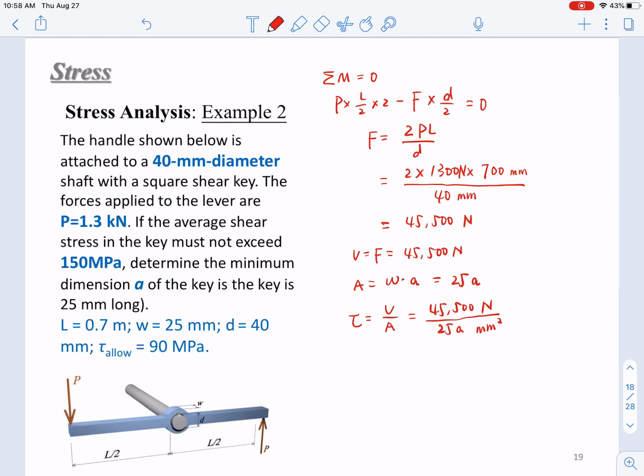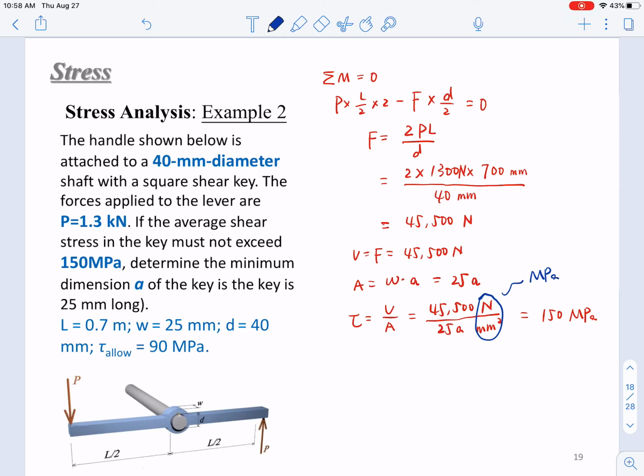So if we make this equal to 150 MPa. Again, the Newton over square millimeter is equivalent to MPa, so all of these units can be cancelled.